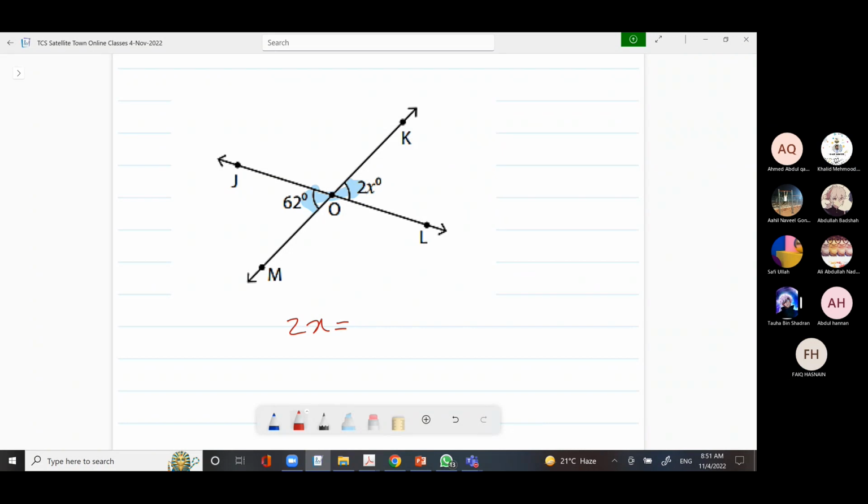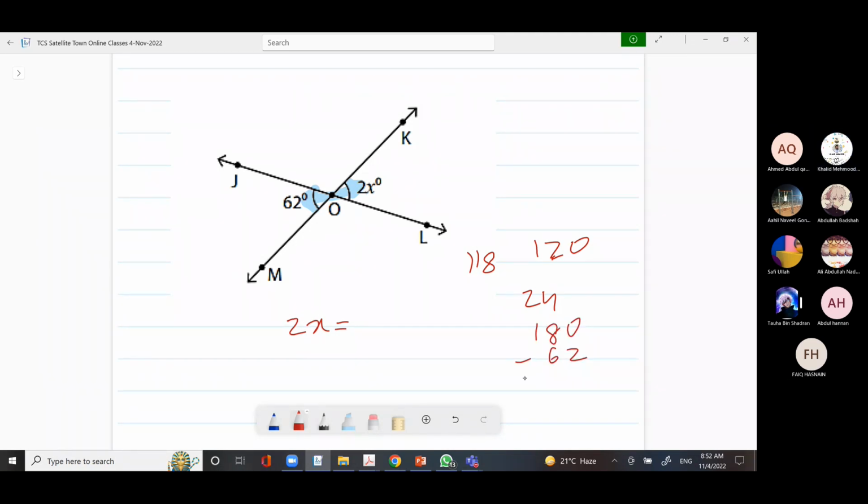No, 120, sir. 118 and 120, and what else? 24. Okay, sir, what else? Sir, we could subtract 62 from 180, then we could get our answer. Okay, subtract from 180.